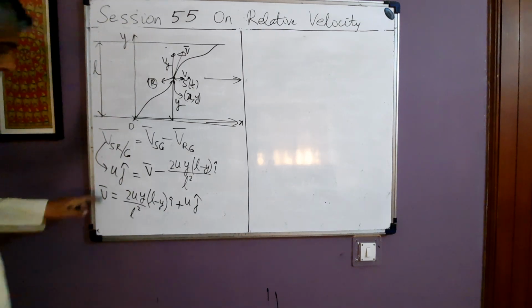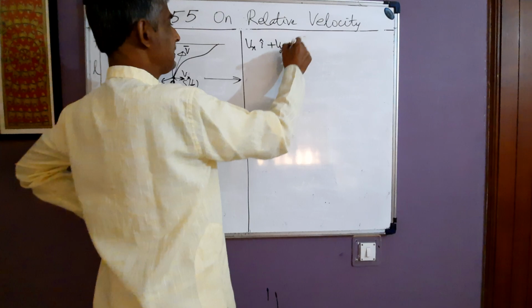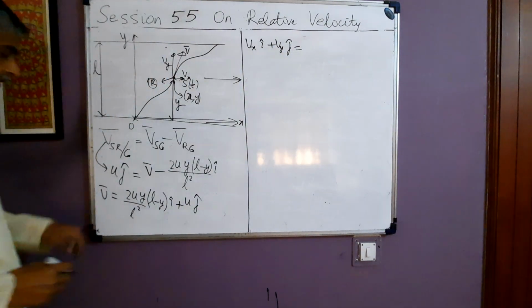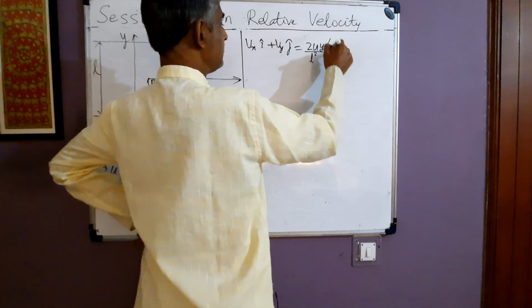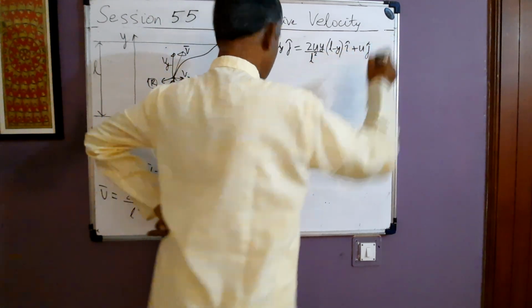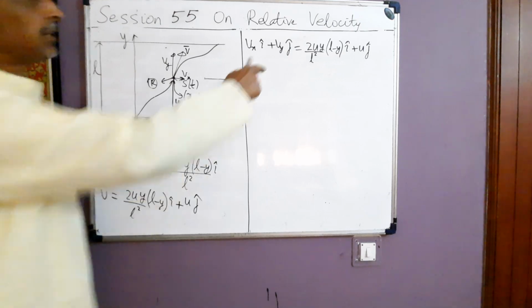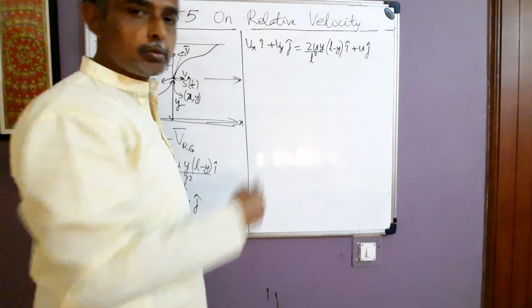Now v I'll write as Vx i hat plus Vy j hat, which is equal to 2uy by L square into (L minus y) i hat plus u j hat. Now we equate the corresponding coefficients of i hat and j hat on both sides.